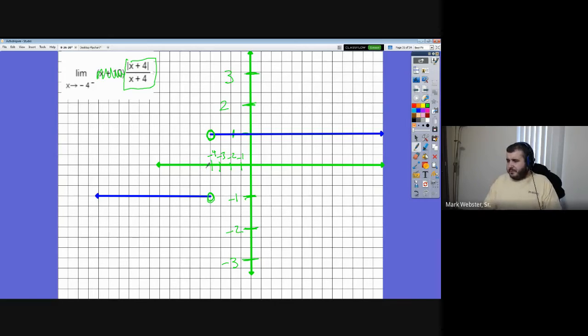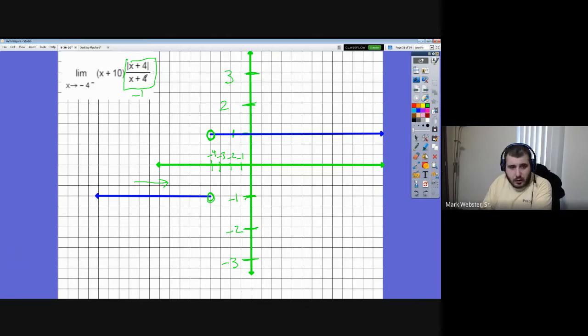So here's the thing. If we're coming, this is a minus sign, right? Up here, -4 coming from the left, coming from this direction. Remember we talked about coming from the left. So the limit of this part is -1, right? And then the limit of x plus 10, now we can uncover this, because remember, we're allowed to do those separately, yeah?